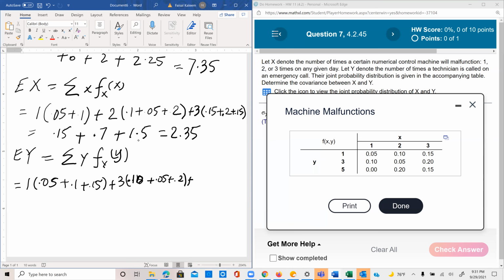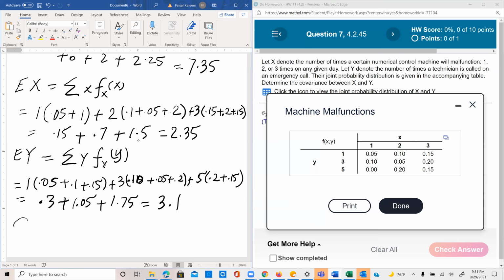And when y is 5, we have 0 plus 0.2 plus 0.15. So that equals 0.3, plus 0.35 times 3 is 1.05. And then 0.35 times 5 is 1.75. That's 3.1.